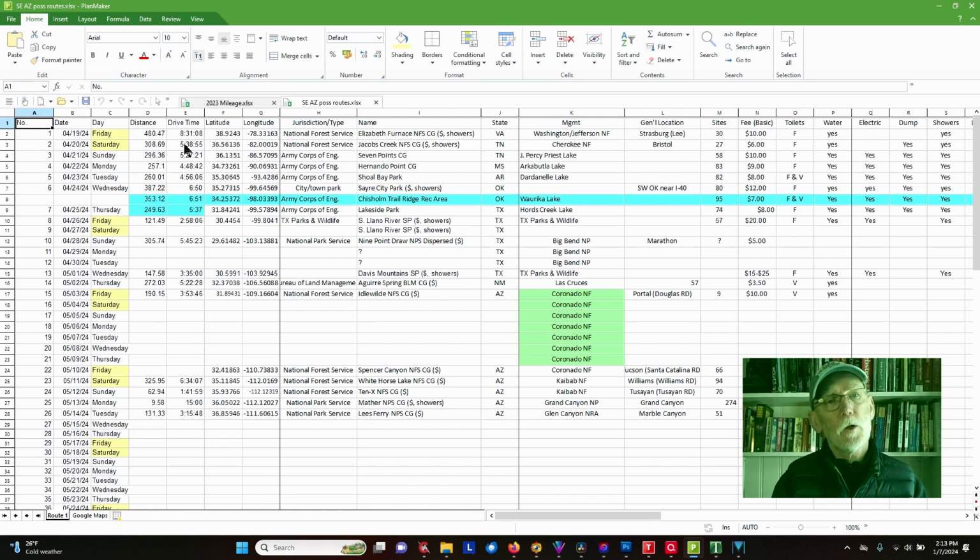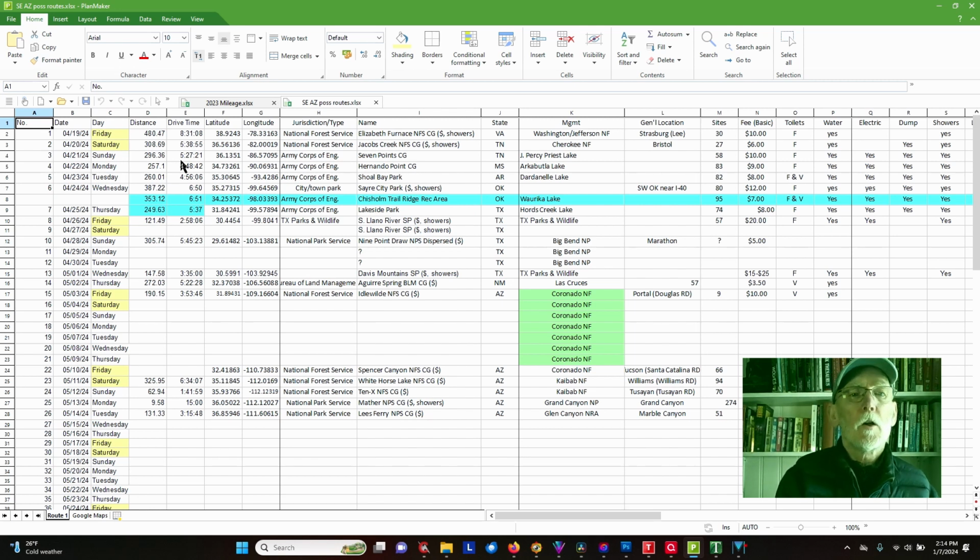When we're planning, we can see instantly where the Fridays and Saturdays of the trip fall, so that we know those are days when we're going to either have to be going to a place where we're relatively sure we're going to be able to get in, either have reservations in advance, which we seldom do, or a place that is usually not very busy, so we're pretty much guaranteed to get in there, or that's going to be a fairly short drive from the previous night's stay, so that we can get there early in the day.